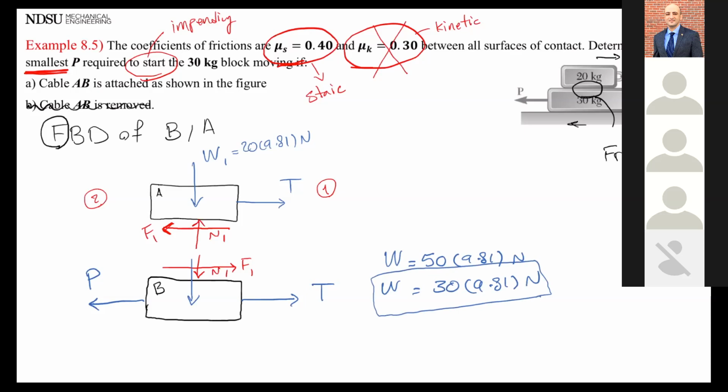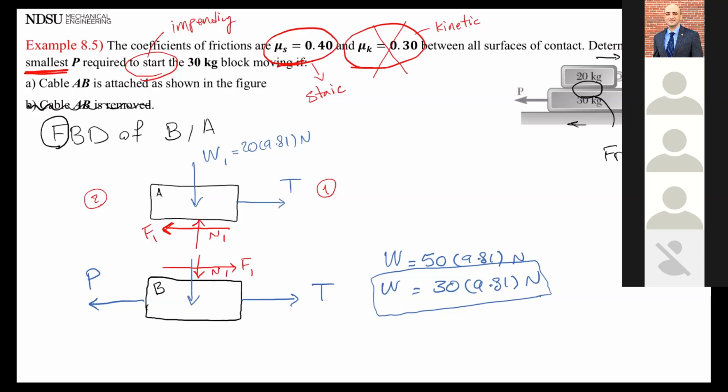What else? I think you meant normal force, the N1, right? What else? Anybody saying 50? Okay, so the correct answer is yes, 30.